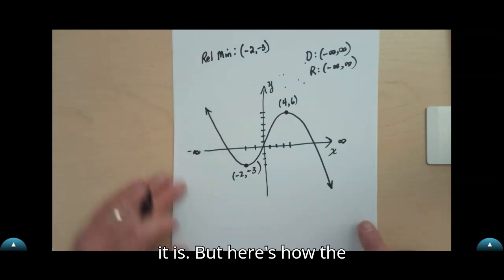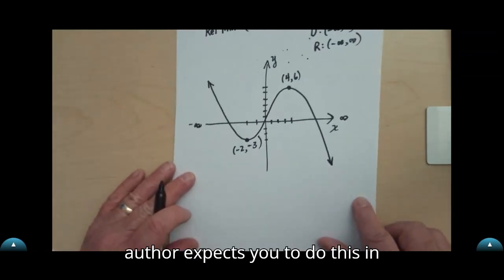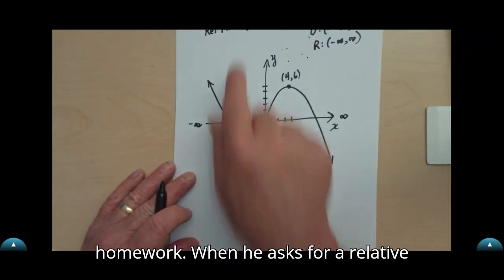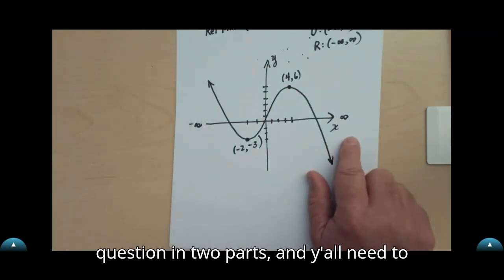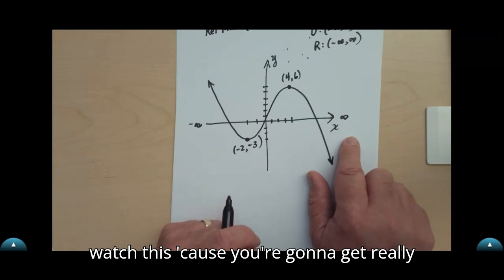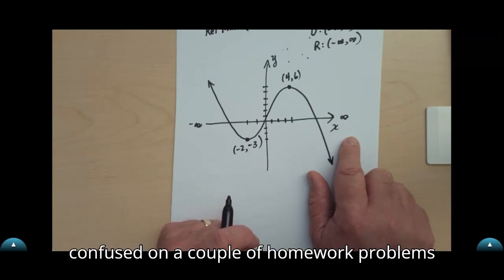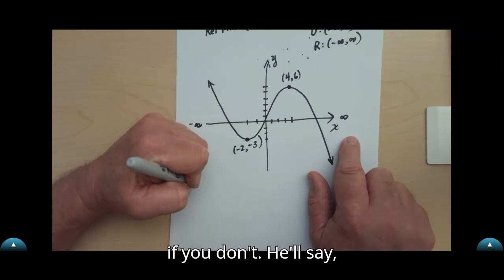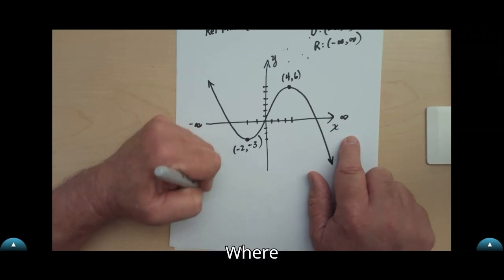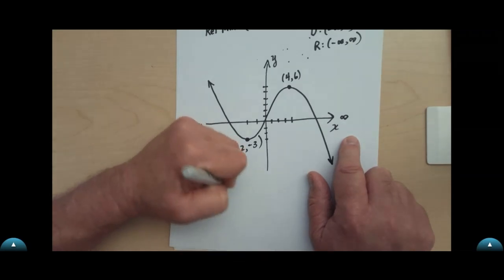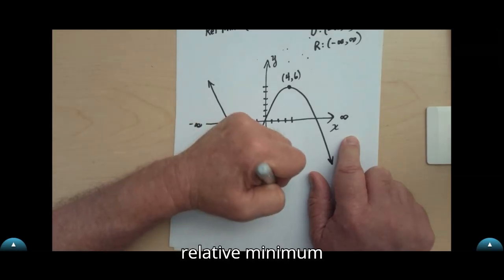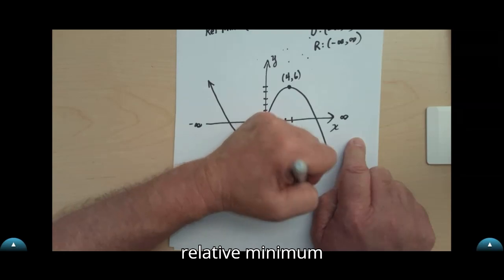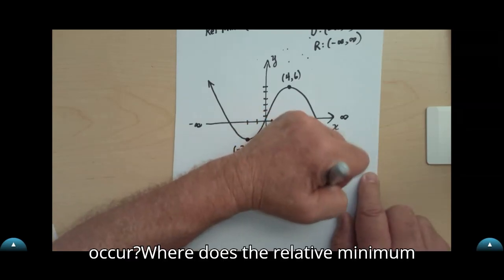But here's how the author expects you to do this in homework. When he asks for a relative minimum point, he'll ask the question in two parts, and y'all need to watch this because you're going to get really confused on a couple of homework problems if you don't. He'll say, where does the relative minimum occur?